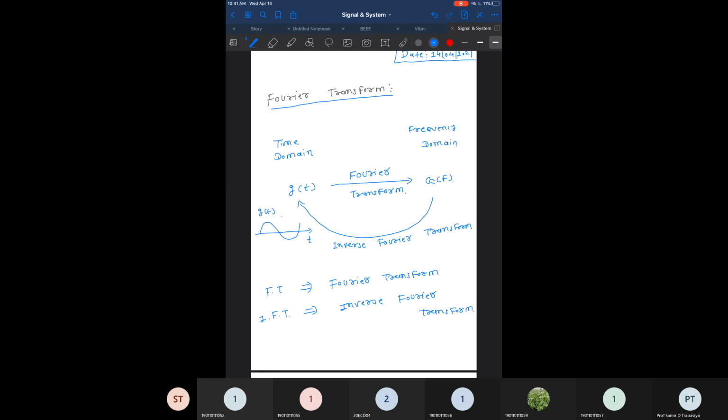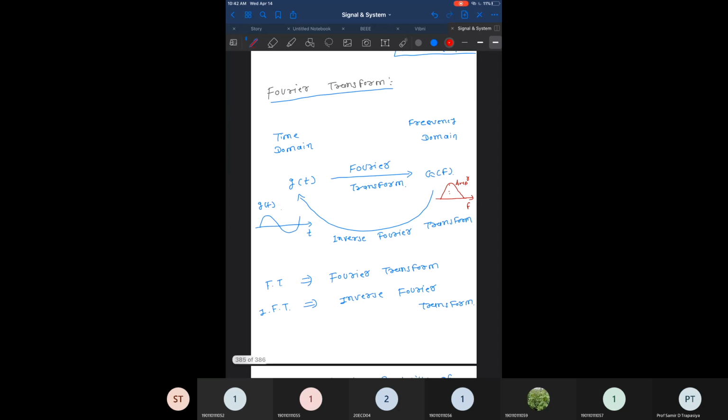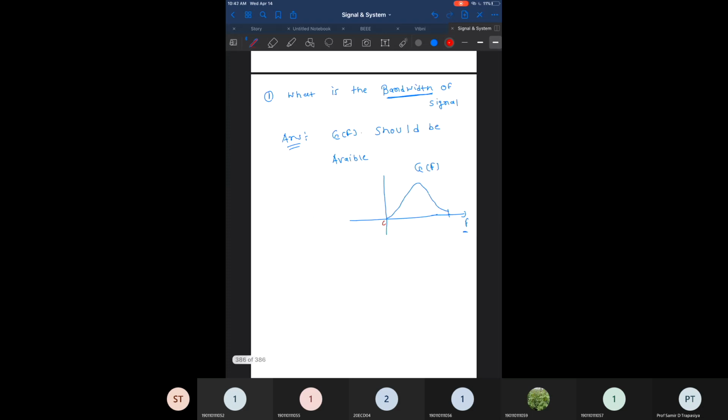But if any signal is in the frequency domain, the x-axis is frequency and the y-axis defines the amplitude. So this graph will tell us the starting frequency, maybe some frequency f1 and f2. All the components of the signal lie within the range of frequency f2 to f1.